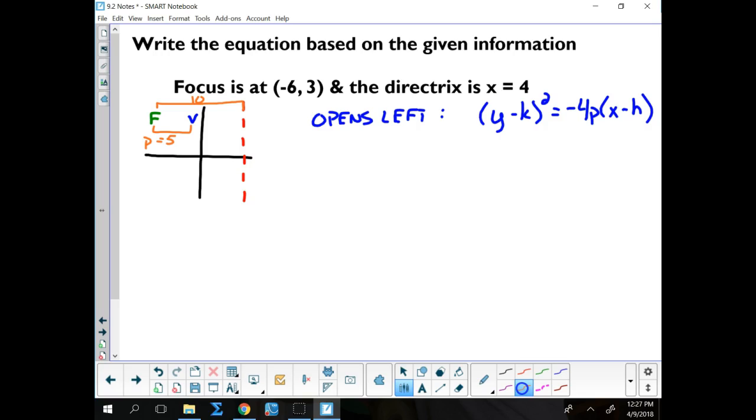So what point is horizontally to the right 5 units from negative 6, 3? Negative 1, 3.